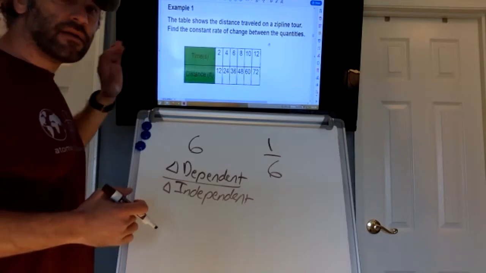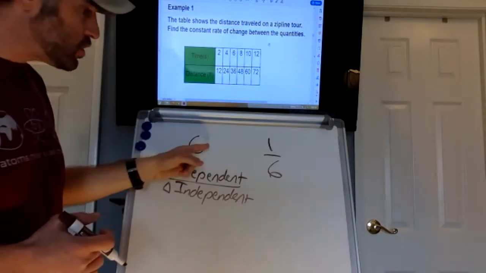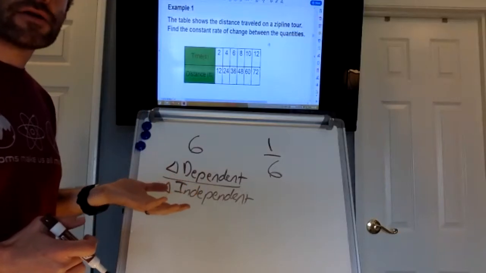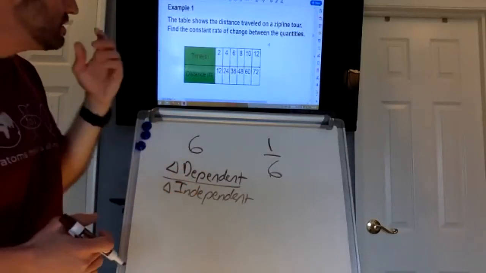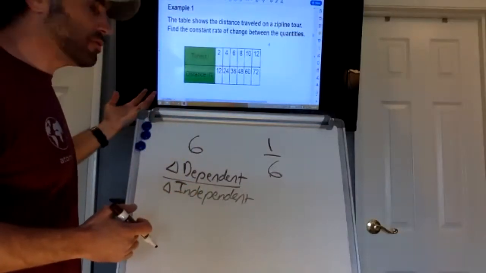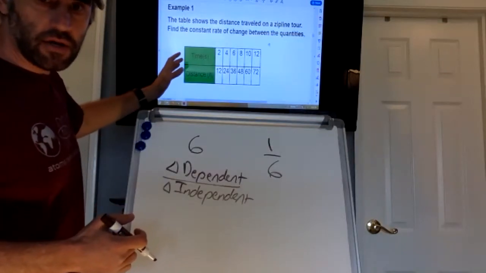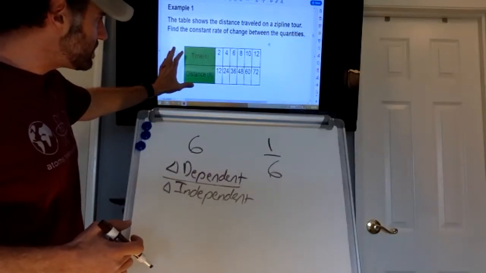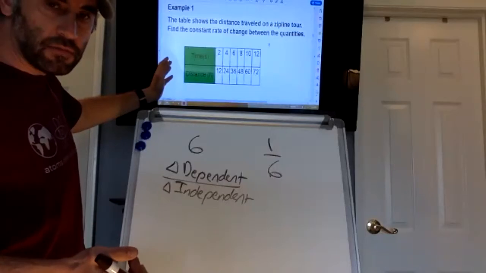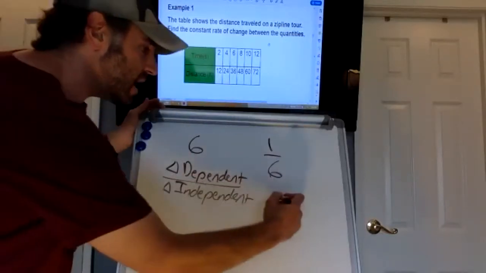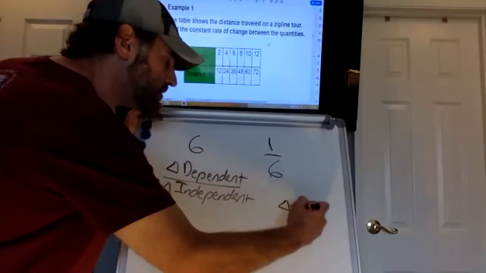So both could be correct. What we need to do is define our terms here. It's not wrong to do one way or the other, but I just want to tell you what you're likely to see in physics problems and future math. Time is usually here.